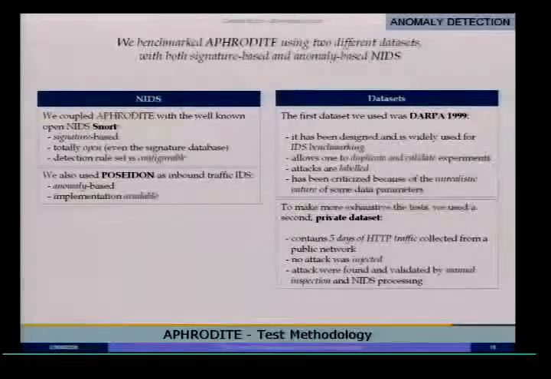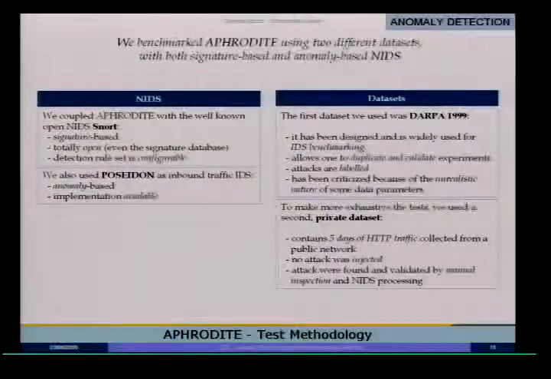Okay, and then we also had to test if our idea was working, as one of our requirements for the architecture was to work with both signature and anomaly-based systems as the input system. So we tested with Snort, and we also coupled it with our own system.